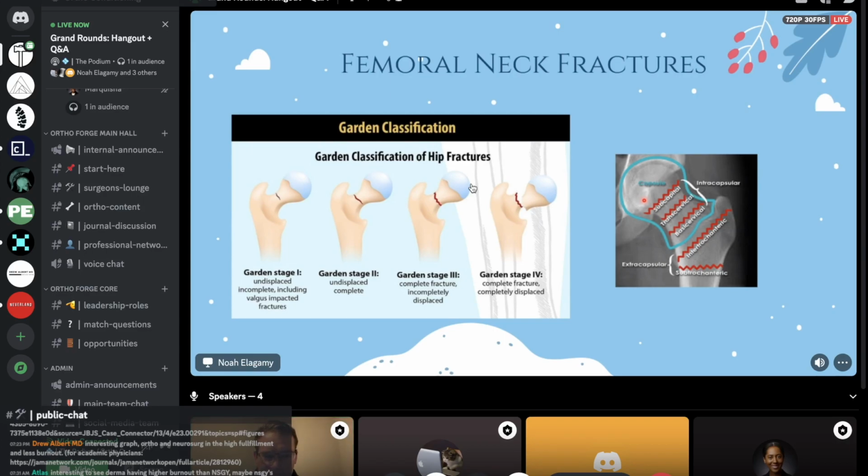But for older individuals, based on our research and literature, they don't heal as well when you try to put them back together and fix them with screws. Patients tend to do better if we just take that whole piece out, the femoral head, and put an arthroplasty in instead, whether it's a hemiarthroplasty, like half of a hip replacement, or a total hip.